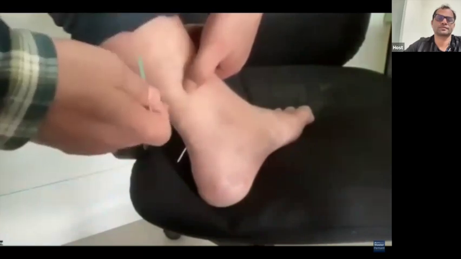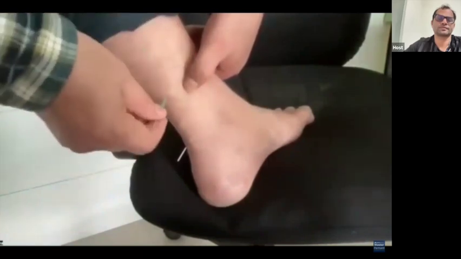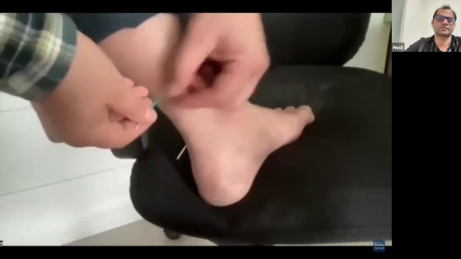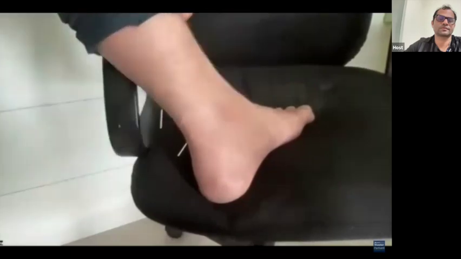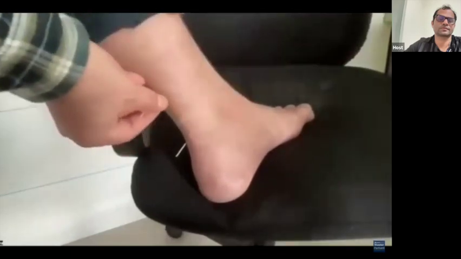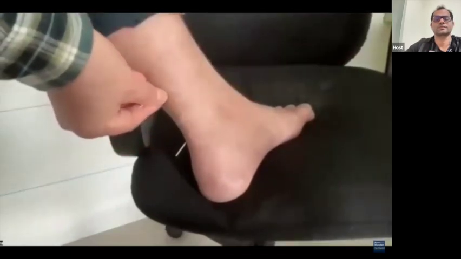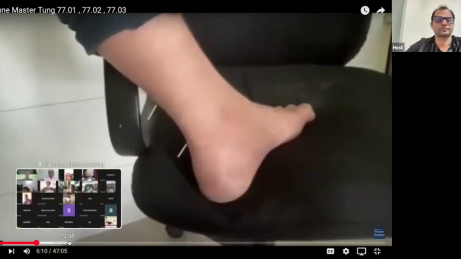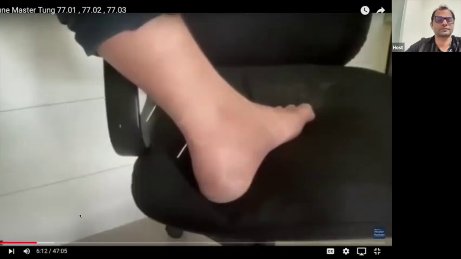This is very easy. Our needle has to go in the tendon. This is 77.02. Then we drape the needle inside. The entire needle will go inside. Now again we are going to tune up. Is it clear now? Was the video understood?